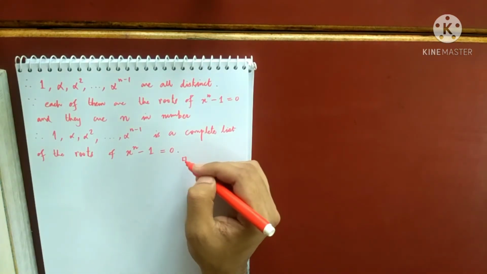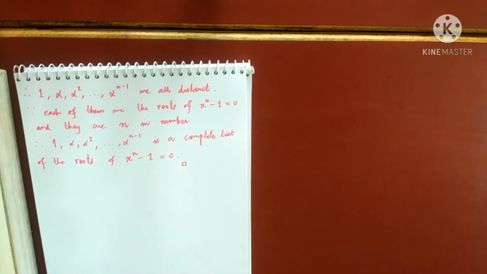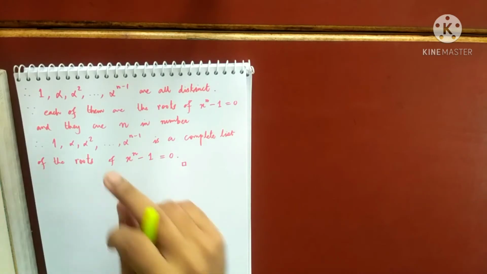So this is very important, which will be required during the sums. So for the binomial equation x to the power n minus 1 equals 0, if n is a prime number, if you know any imaginary root of that equation, then you can write down all the roots like this.